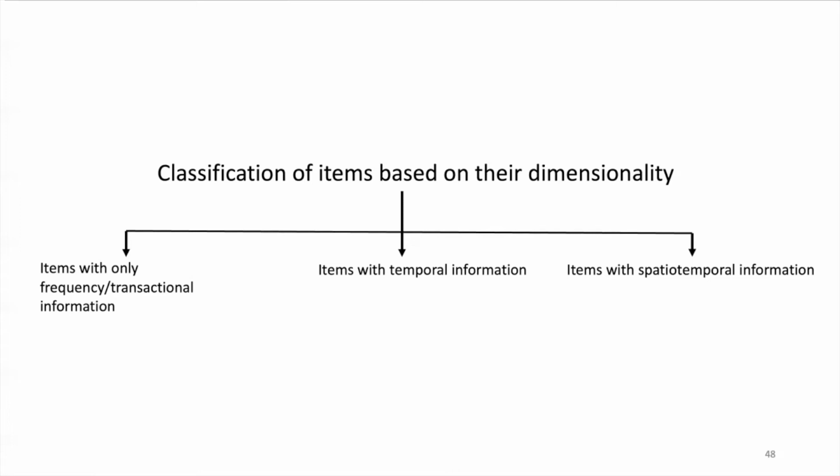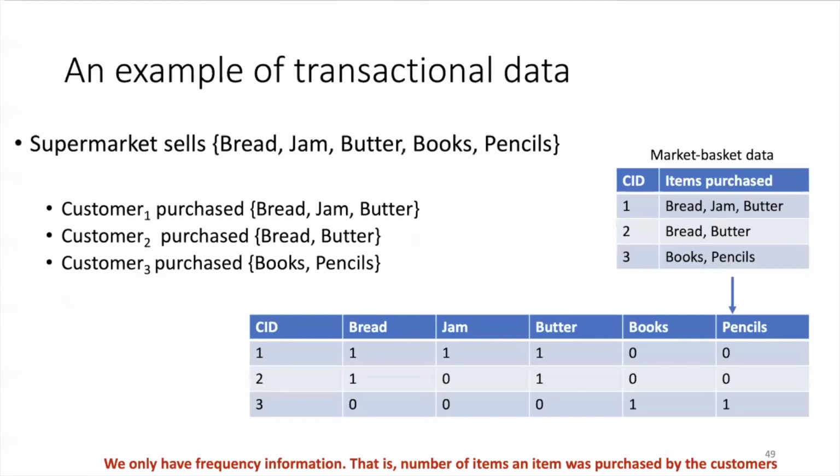Similarly, some items can have spatio-temporal information also. So these are the ways by which we can classify the items. For example, if you look at the supermarket sales data, it contains only frequency information. There is no time information nor spatial information.